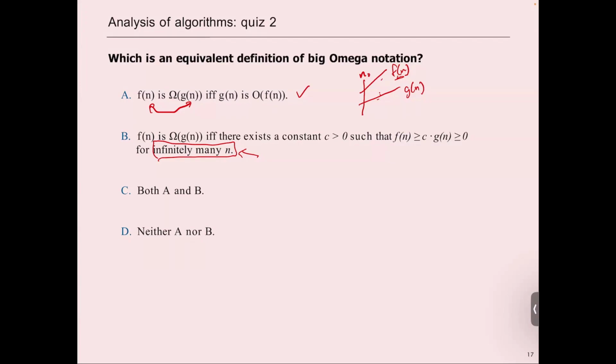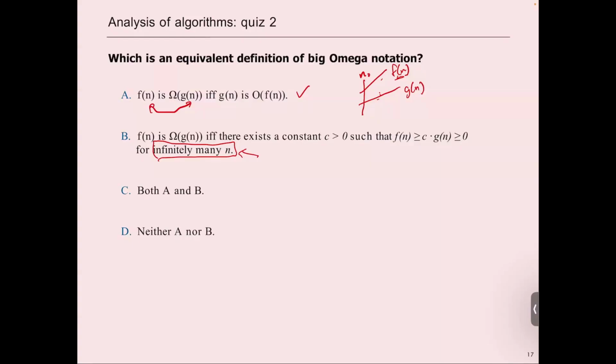Because remember what the actual definition of big omega is. We need f of n to be greater than or equal to c times g of n, and we need that to hold for all sufficiently large n. So all sufficiently large n, meaning every n greater than some n naught, and not just infinitely many scattered values throughout the function.